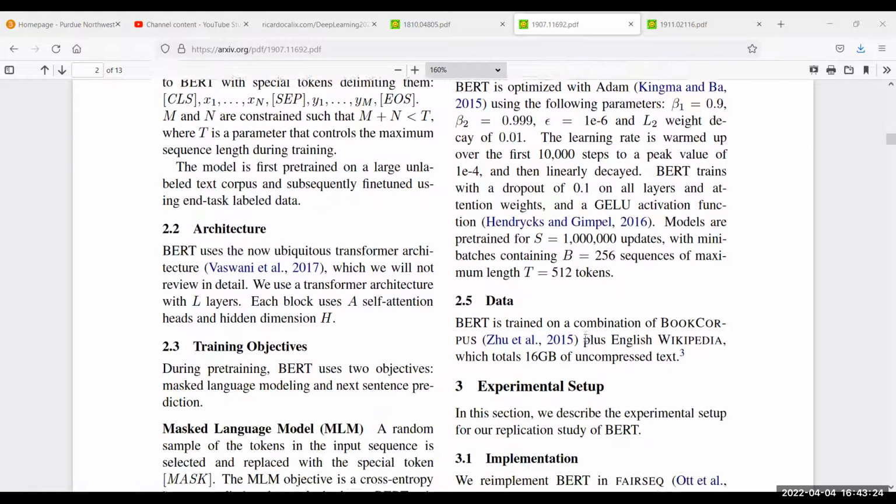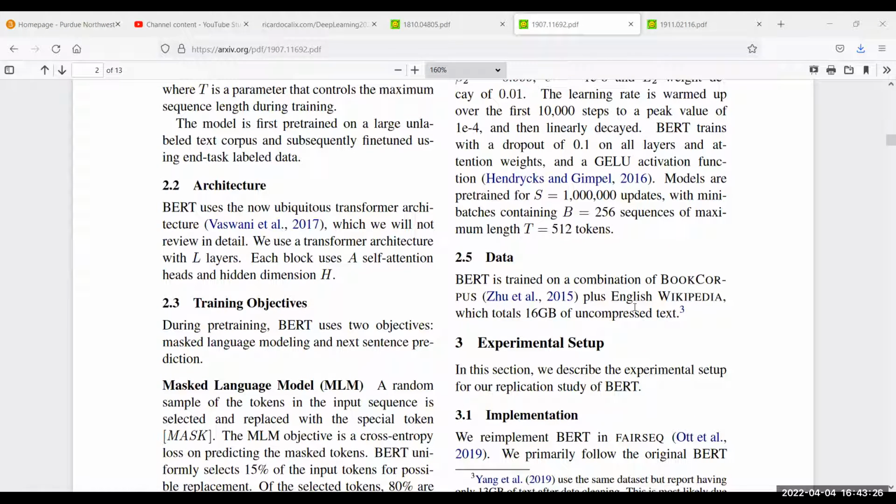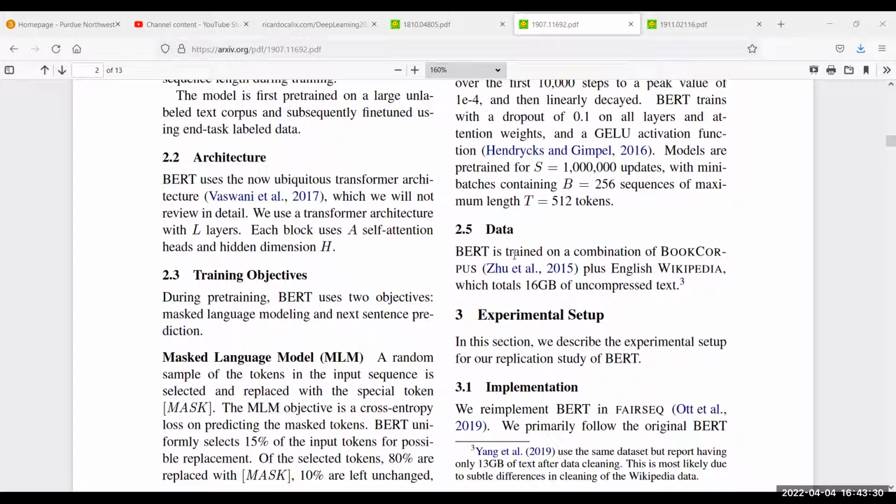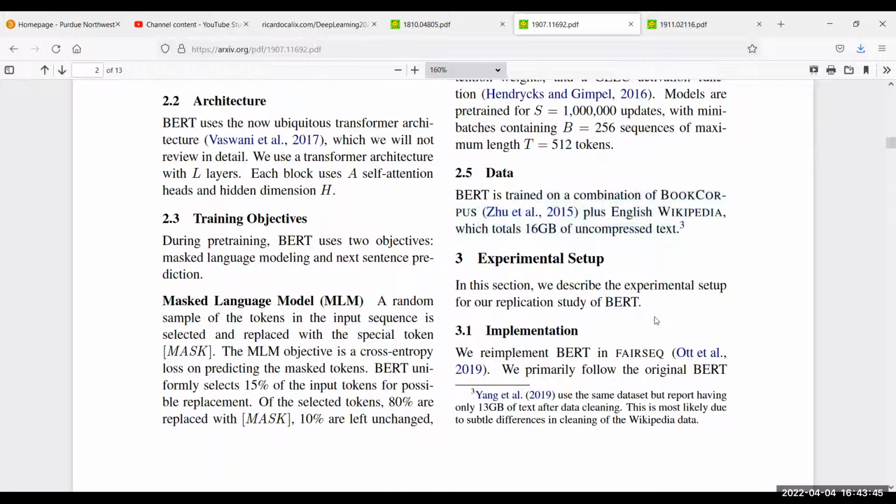The parameters, you can read through that. BERT is trained, so this is an important one. BERT is trained on a combination of Wikipedia and book corpus, which totals 16 gigabytes of uncompressed text. So BERT originally was trained just on 16 gigs of data.